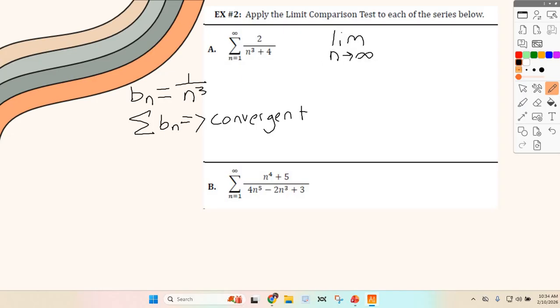It says n goes to infinity of A sub n, which is our original, divided by B sub n. Are we okay with that? And now we're trying to evaluate that limit. So what would I want to do first?